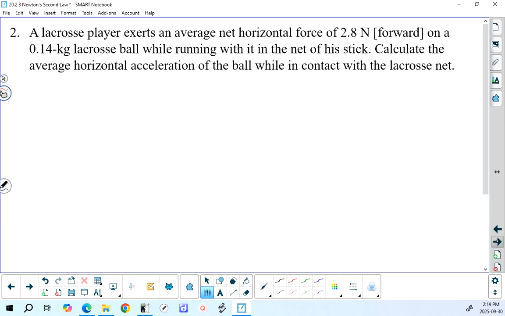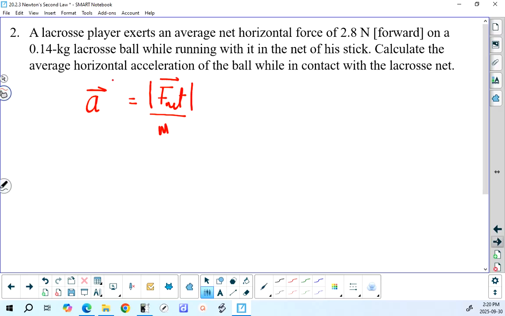Let's take a look at the final two examples. A lacrosse player exerts an average net horizontal force on a ball of 2.8 newtons forward, and the ball's mass is given. What is the average horizontal acceleration? Well, acceleration equals net force divided by mass.